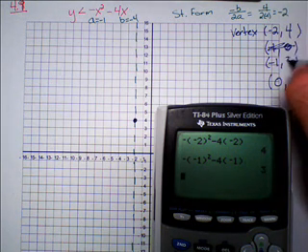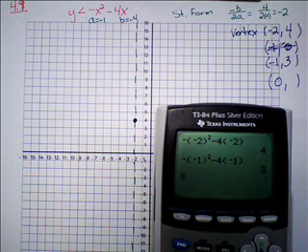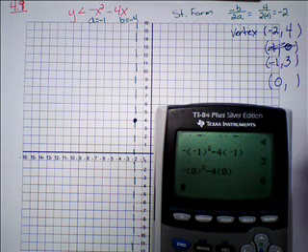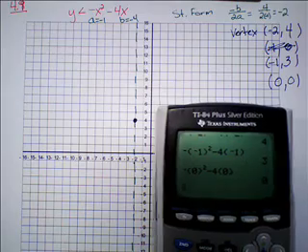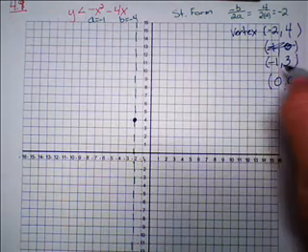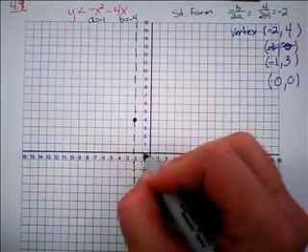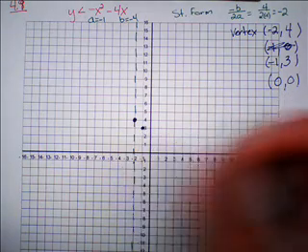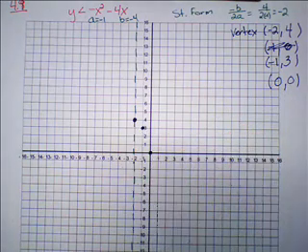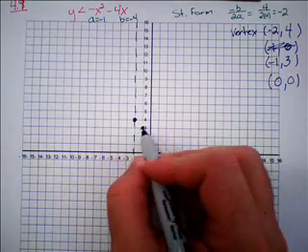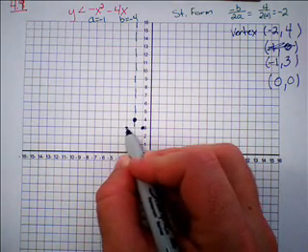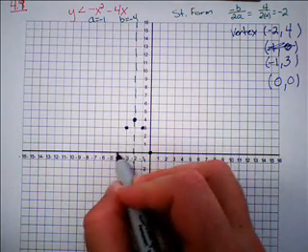So that's my second point, negative 1, 3. Hit second and enter, change that 1 to a 0, and you get 0. So I'm going to plot these 2 points, negative 1, 3, and 0, 0. On the axis of symmetry, 1 unit away, I'm plotting at 3. 2 units away, I'm plotting at 0.